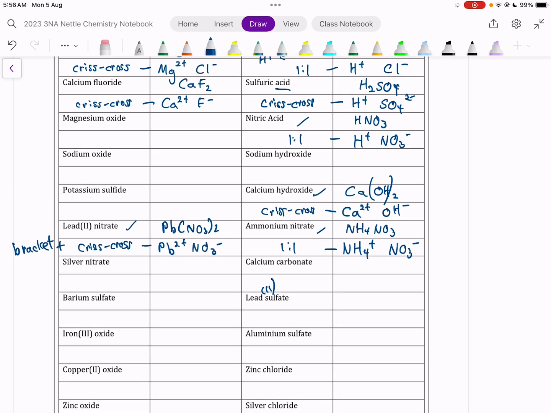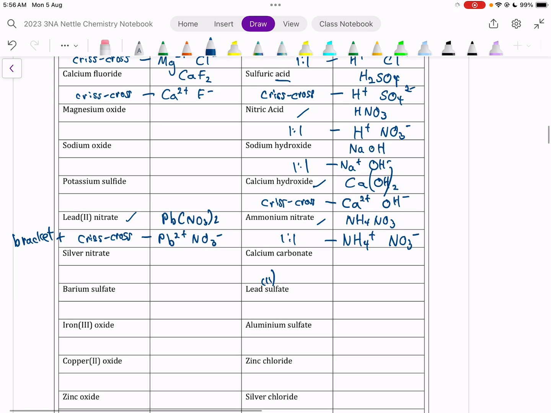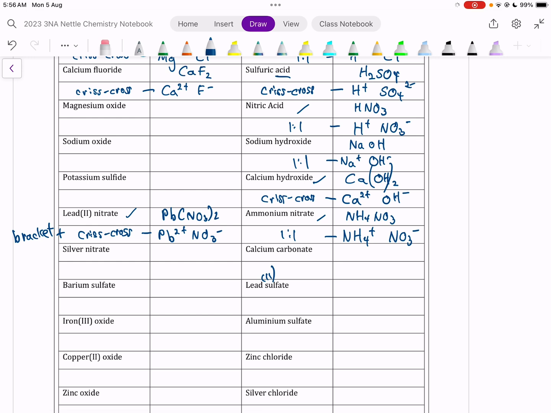Then maybe I show this one to you. Sodium hydroxide, Na+ and OH-, so 1 to 1, so NaOH. Then calcium carbonate, Ca2+ and CO3 2-, so 1 to 1, so CaCO3.